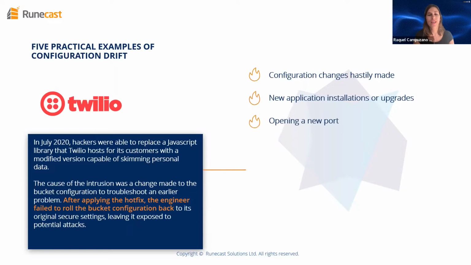So the other scenario that we can imagine is a new application installation or upgrade. For example, a company wants to upgrade a business application in order to gain new features. Okay, the upgrade process may make some crucial configuration changes to allow connections through previously blocked ports, and you don't know it because you are enabling it.